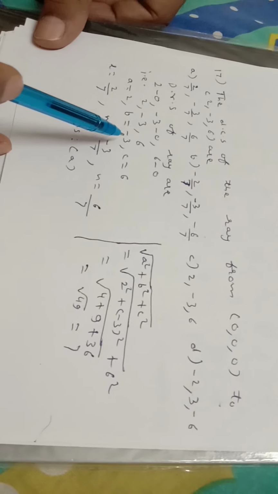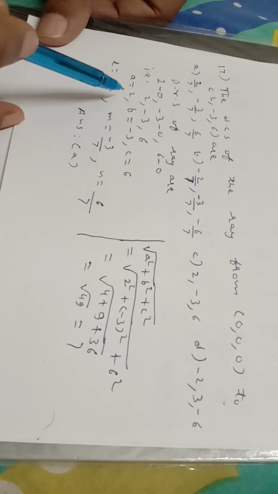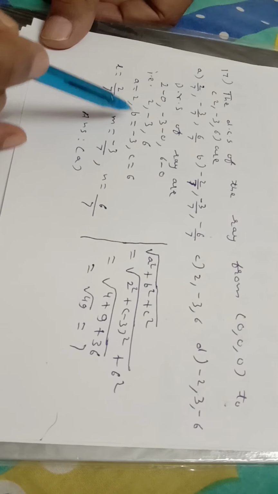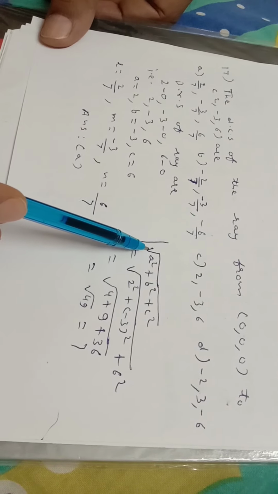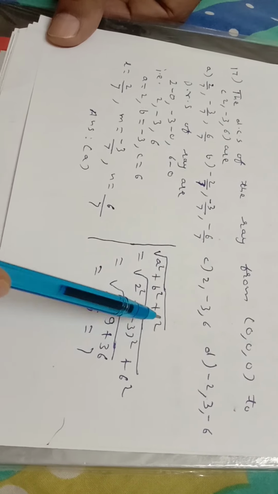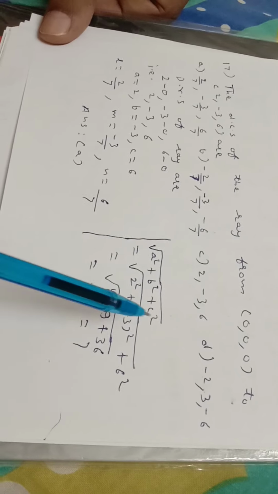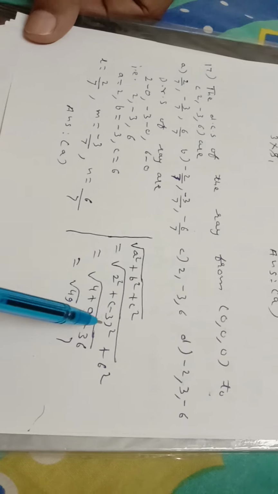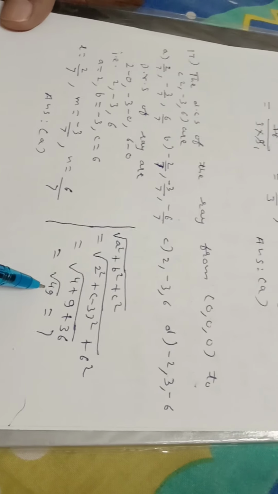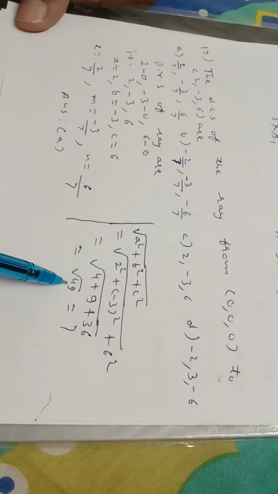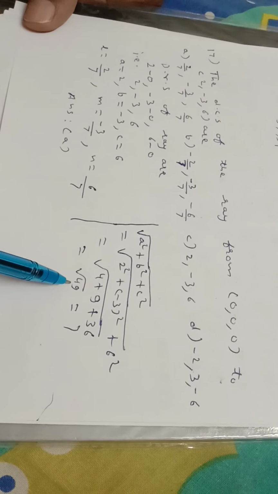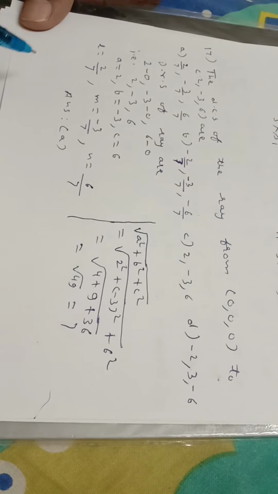Before finding direction cosines, for convenience of calculations, we shall find the value of the square root of the sum of squares of the direction ratios. The square of a positive number is positive, and the square of a negative number is also positive. Under the radical sign, we get a perfect square, root 49. As 49 is a perfect square, its square root is 7.